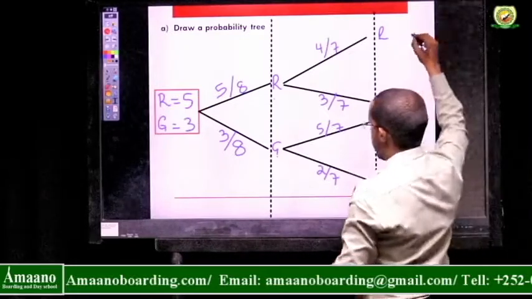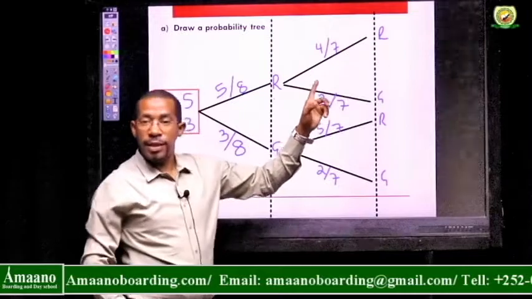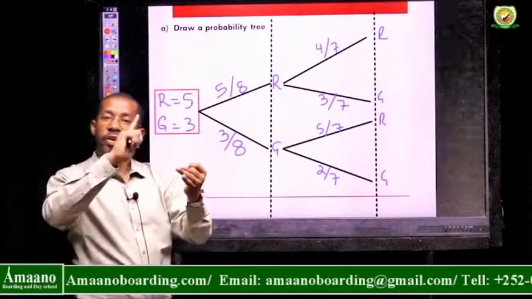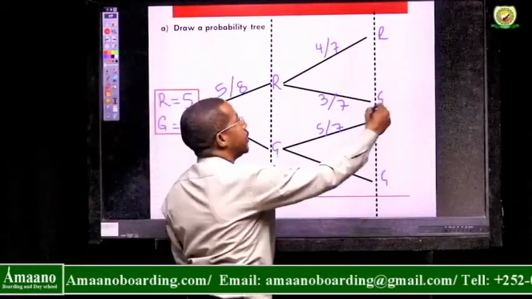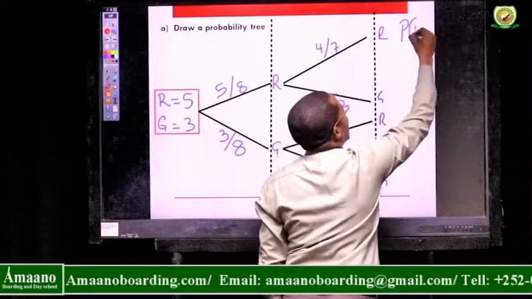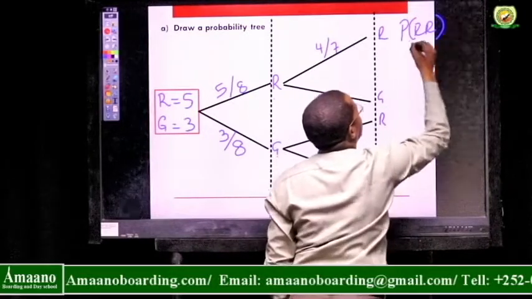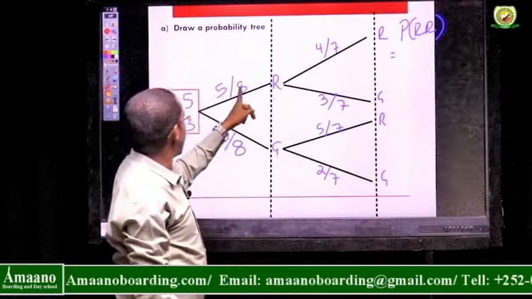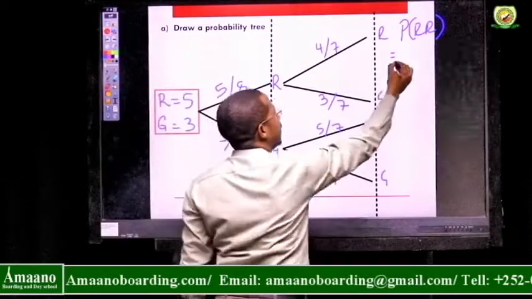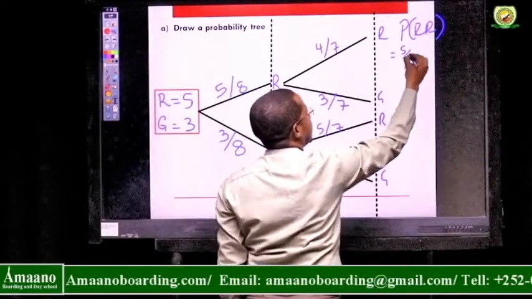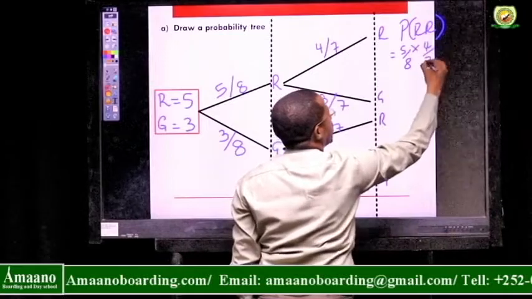And definitely here now, if you need probability that first time you got red, second time he got red, that means probability of R and R. You just multiply these times that. So you'll say 5 over 8 times 4 over 7.